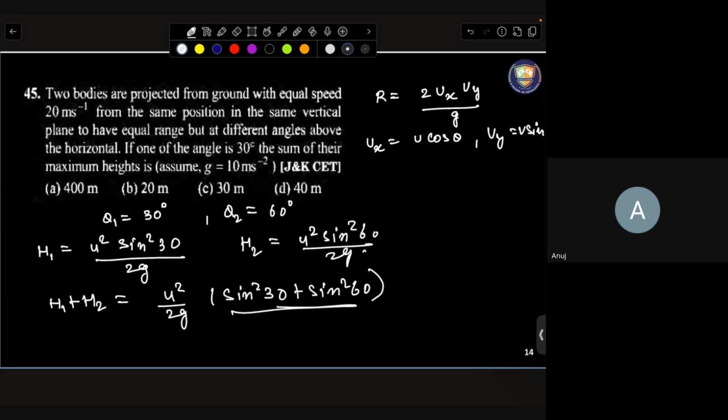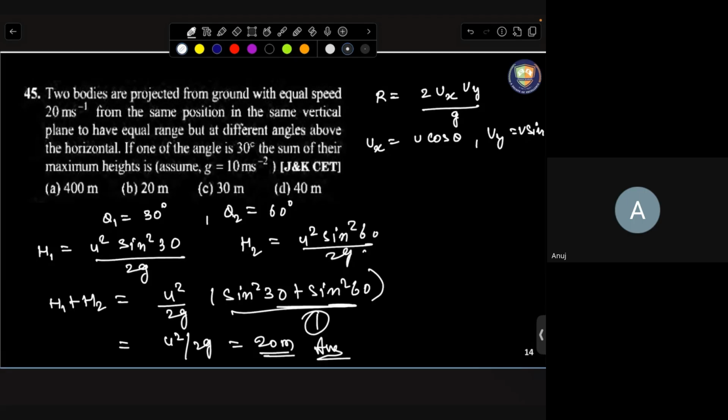If you look carefully, this will become 1. So it is u square by 2g. Put the value of u square, which is 400, divided by 2, 200 divided by 10, which is 20 meters. That should be the answer.